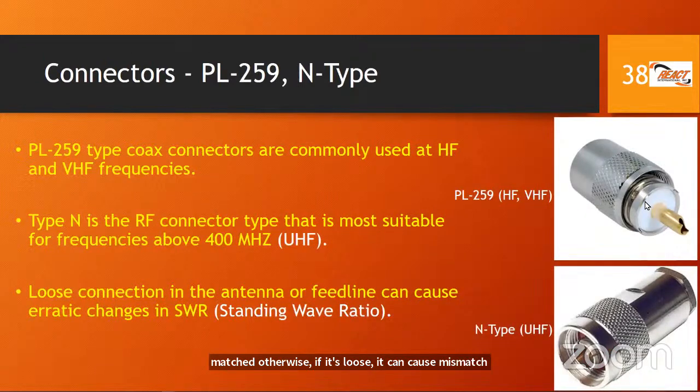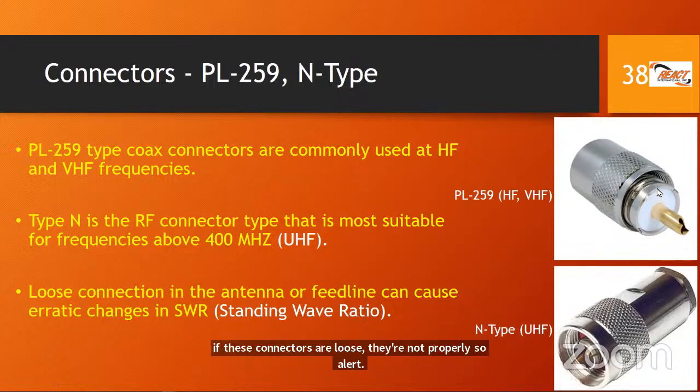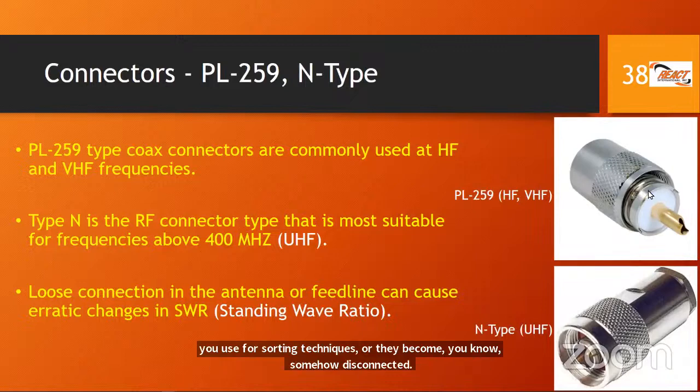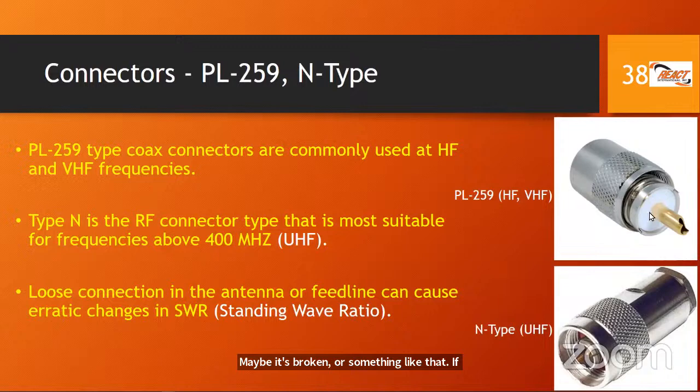So if these connectors are loose, they're not properly soldered, right? You use poor soldering techniques, or they somehow become disconnected. Maybe it's broken or something like that. If it's a loose connection, or you do not screw this on tightly onto the radio or the antenna, or maybe vibration causes it to loosen. Maybe you didn't use something to seal it and make sure it's rigid after you put it on.